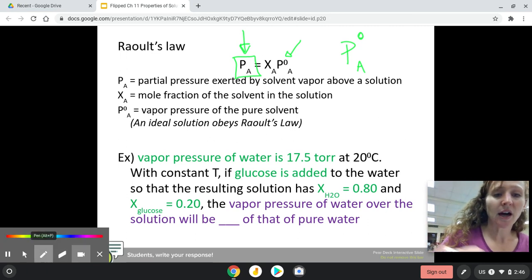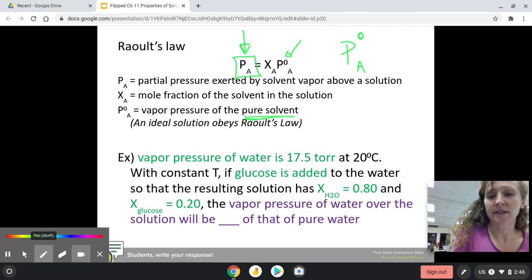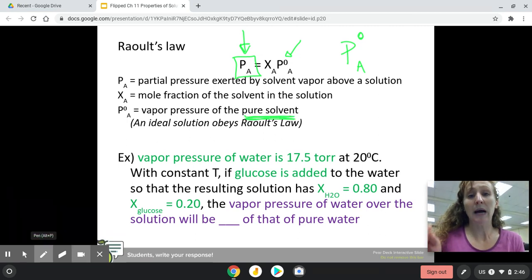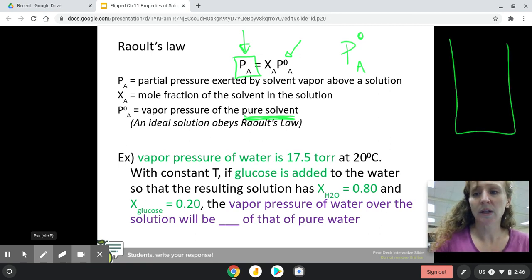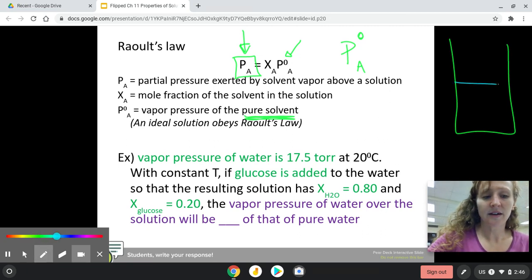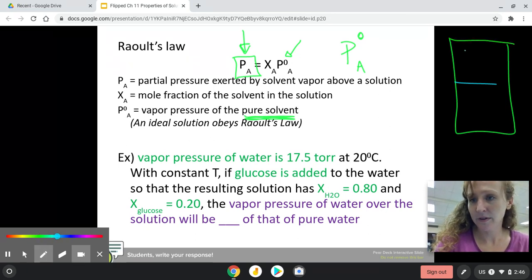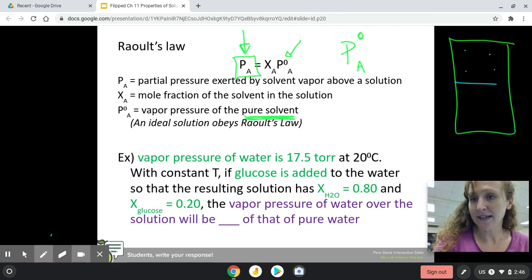So P naught A is the vapor pressure of the pure solvent. So if the solvent was there by itself, this is the partial pressure that would be exerted. So if we have a cup with some water in it, if it's just water, the vapor that is established by that pure water up above, that is P naught.